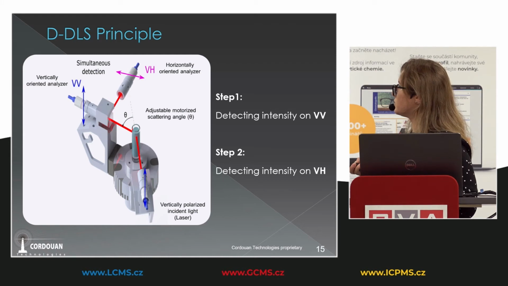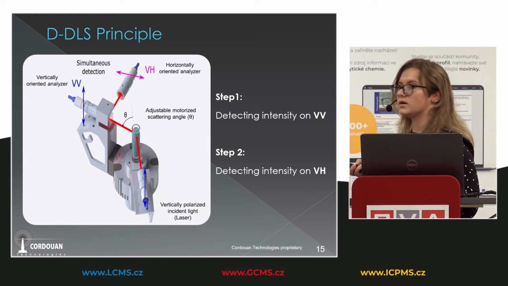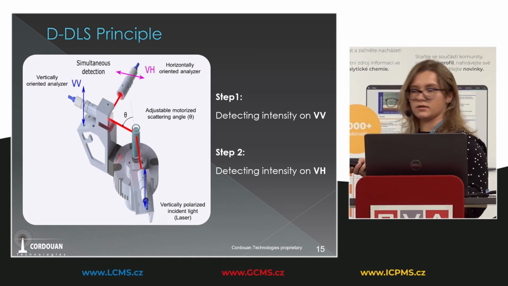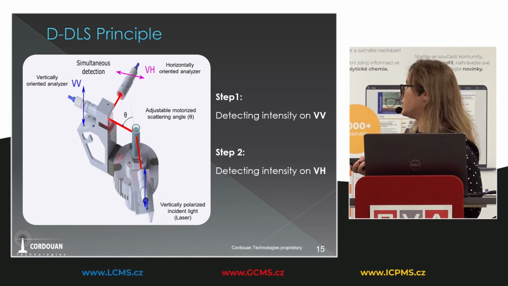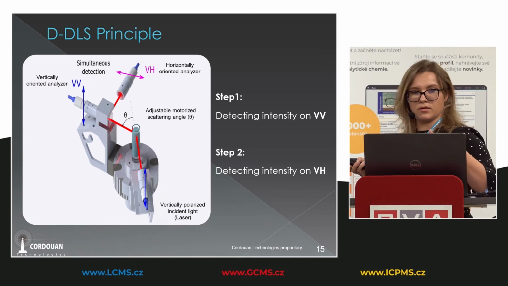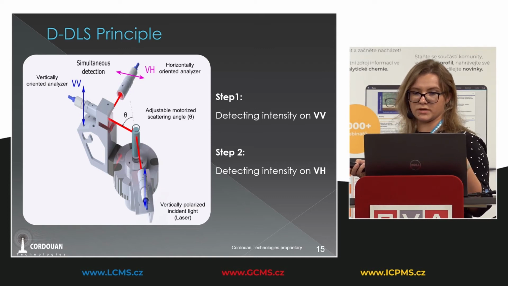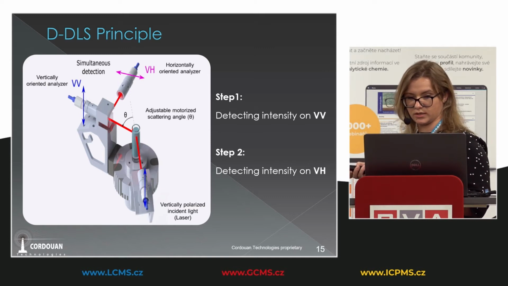And on the detector, we have two different possibilities to detect. One of them is VV, when we have the same polarization of the light as the initial light, and the VH, where we have cross-polarized polarizators, so we detect depolarized light which was scattered by anisotropic nanoparticles.